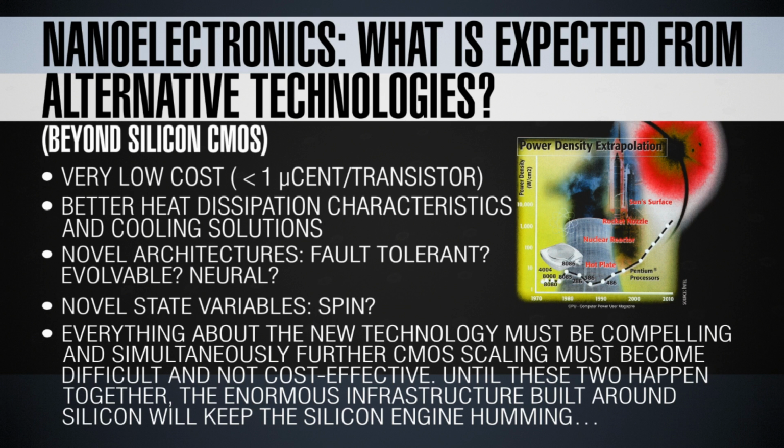Also, all the device technology we have used so far is based on the electronic charge. But how about using other state variables, for example the spin of the electron? That is called spintronics. So these are all the expectations from alternative technologies.